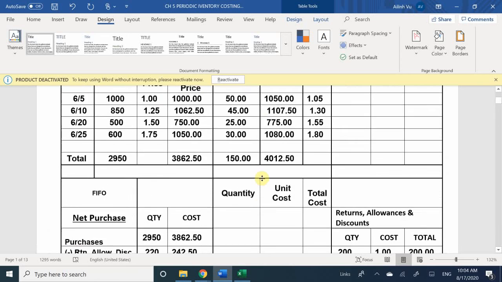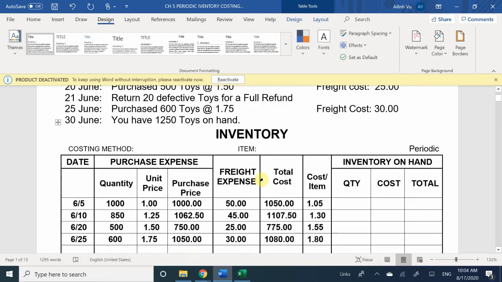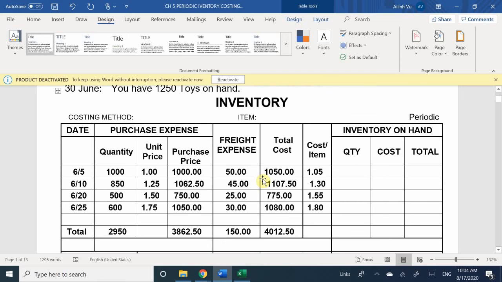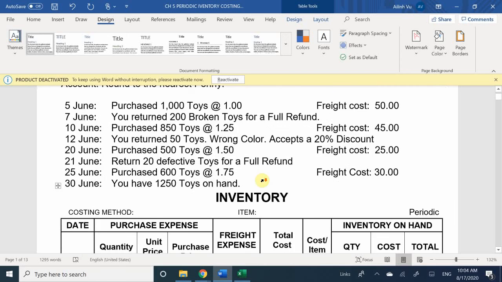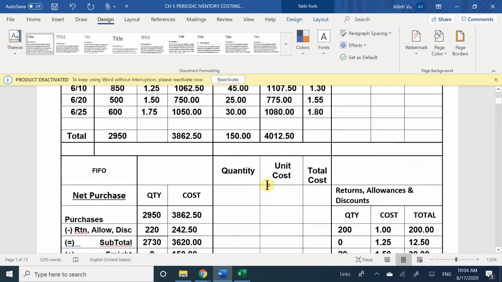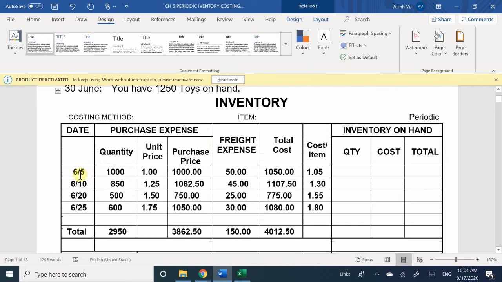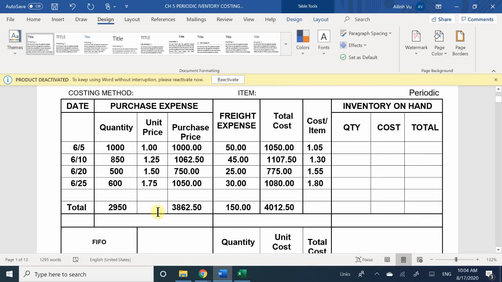So here we're focused on which method? Which costing method are we focusing on? FIFO. All right. Now this is where the tricky part is. You're going to have to backtrack and make sure that these are added in there before you calculate this.